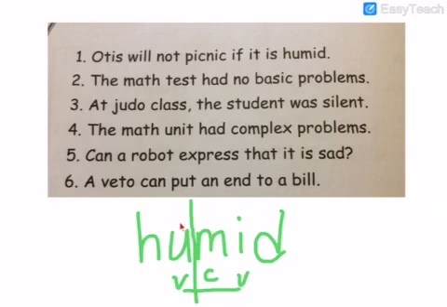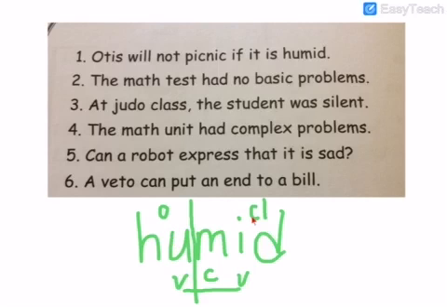Well, the U is not closed in by any consonant, so we know that's going to be an open syllable, so we'll label it open. And let's take a look at the second syllable. Okay, the D closes in the I. We know that's a closed syllable, which is going to give us a short vowel sound. So the first syllable is open, which means it's going to have that long vowel sound.